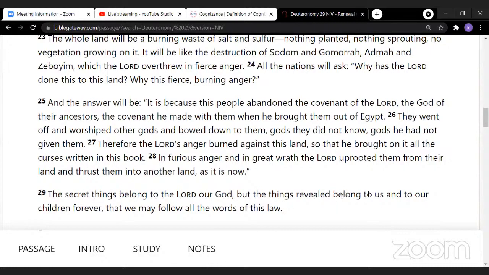The Most High is disclosing to us, right? The things revealed belong to us and our children forever. Why? That is another word for saying the purpose, right? That we may follow all the words of this law.